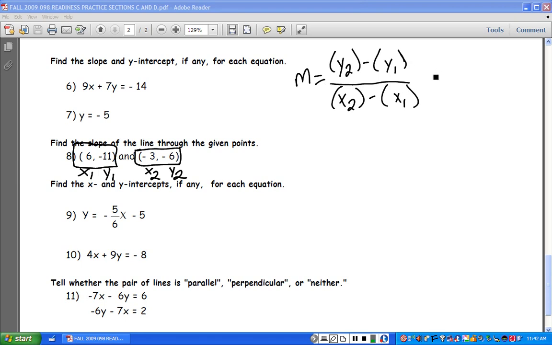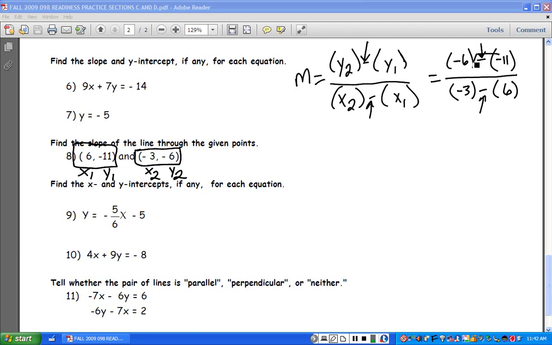So y2 would be -6 minus my y1, which is -11, over, and notice this minus sign is part of the formula, x2 on the bottom, which is my -3, minus, again this minus sign is part of the formula, my x1, which is just 6.